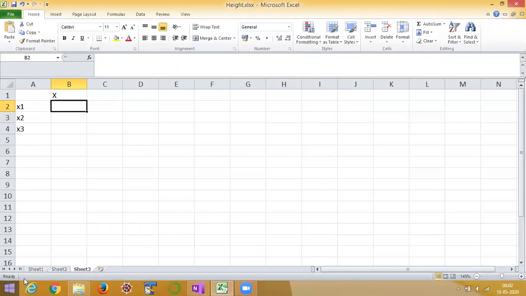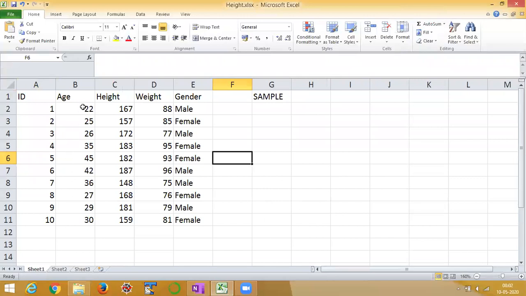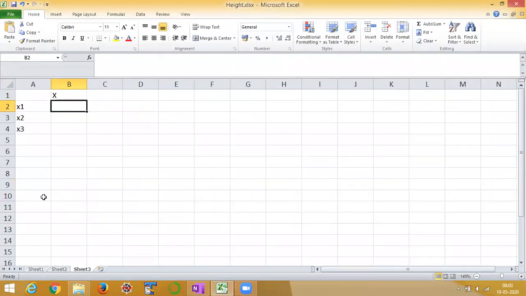Let's imagine I choose a column of age. Age is my random variable name, and these are the positions: small x1, small x2, small x3, small x4, small x5, like that up to small x10. But what values are inside that age? The original values are these. Hope you are understanding the pattern I am following.